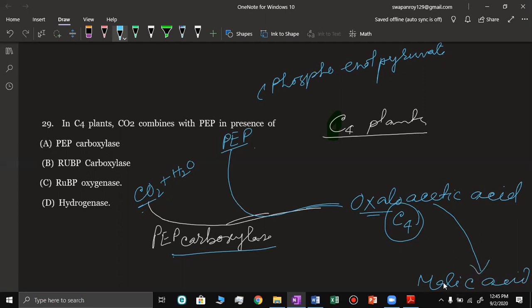This malic acid is transported to the bundle sheath cell, and there, by the breakdown of the malic acid, carbon dioxide is released, and that carbon dioxide is absorbed in the Calvin cycle to reduce it to carbohydrate. So in C4 plant, carbon dioxide combines with PEP in presence of PEP carboxylase.